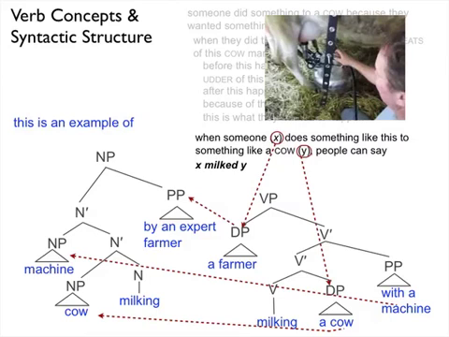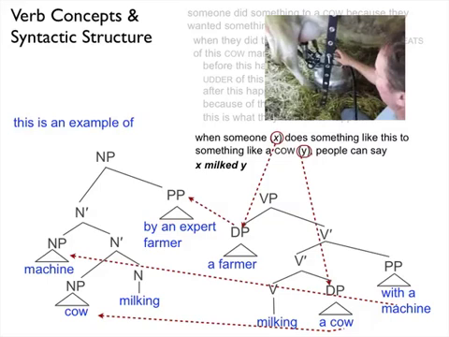It's a very common thing for what would be the subject in a verb phrase to actually be in a by phrase within the noun phrase. And maybe that's just the specifier of the noun phrase, just like it's the specifier of the verb phrase at some level. So that we can have that be the case, right? If we just use a little bit of imagination, the "by an expert farmer" part doesn't have to be there, but it is an expression of an argument of the noun at some level, right?